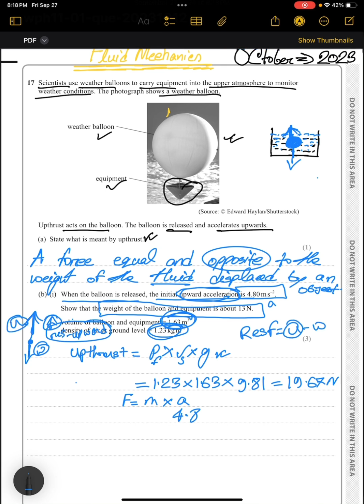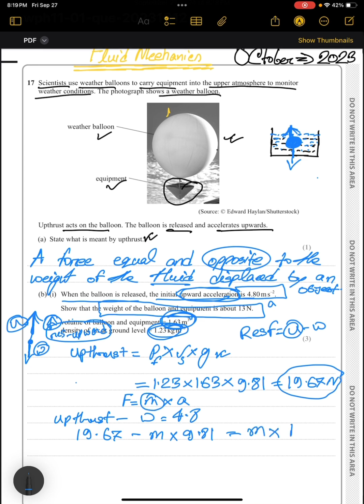So we can say upthrust minus weight, which can be regarded as 19.67, this is the upthrust we have found out, minus the mass into 9.81 is equal to this mass into this acceleration 4.8.